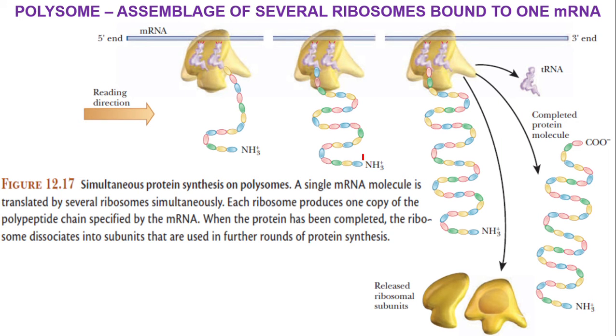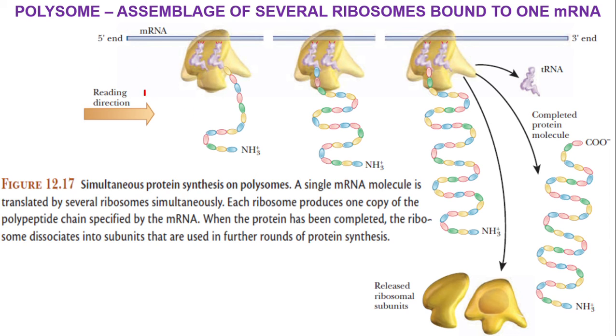What's a polysome? This is a single messenger RNA molecule. Once a ribosome binds for translation, it moves forward. When it has reached some distance, a second ribosome binds there and carries out translation. When that also moves, a third one binds, then a fourth one binds, and so on.